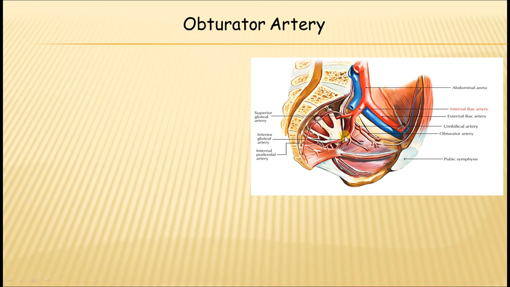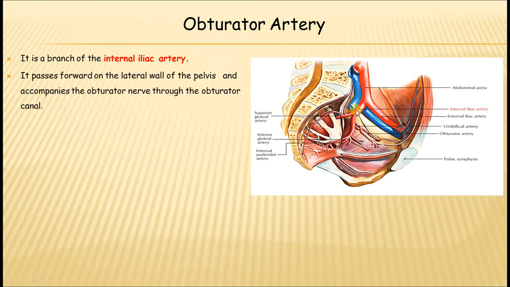Obturator artery, you are able to see here the obturator artery. It is a branch from the internal iliac artery, the anterior division of the internal iliac artery. So you are able to see that is the internal iliac artery, and from the anterior division, what you see is the obturator artery.